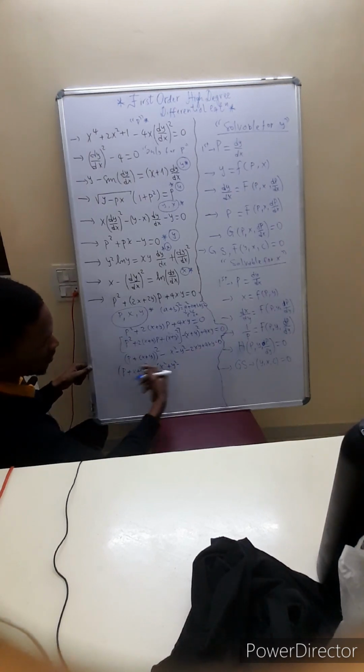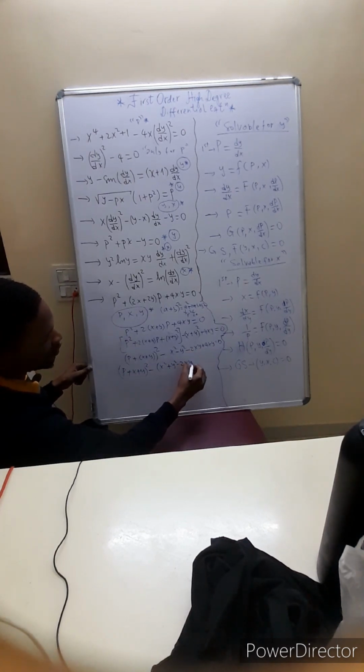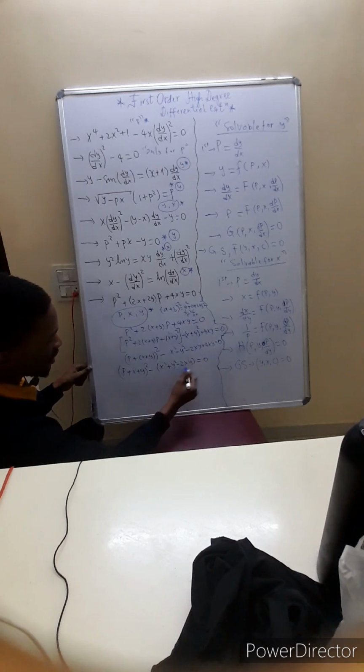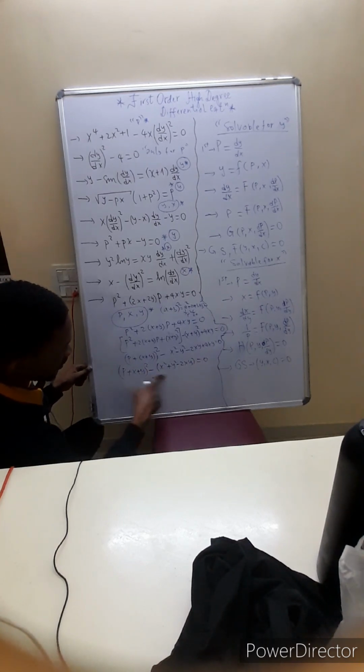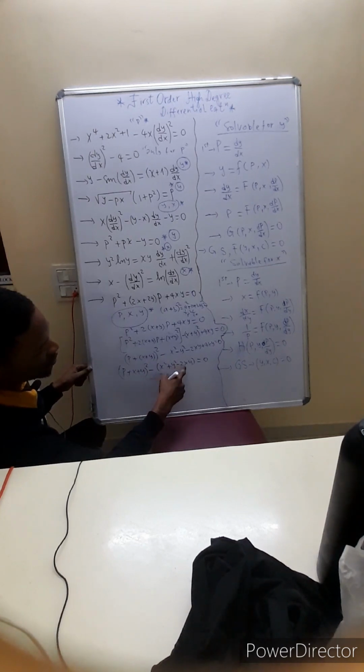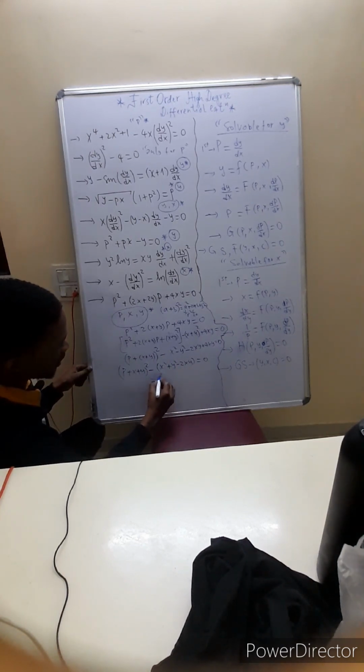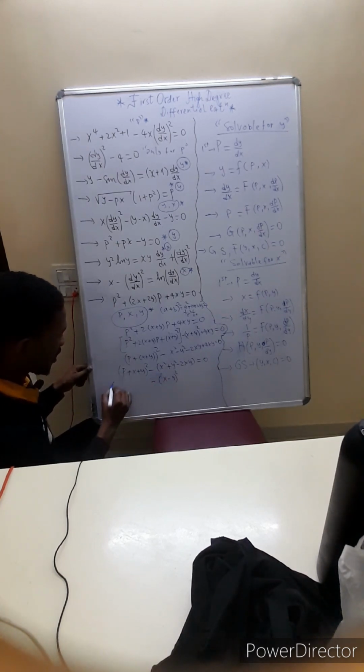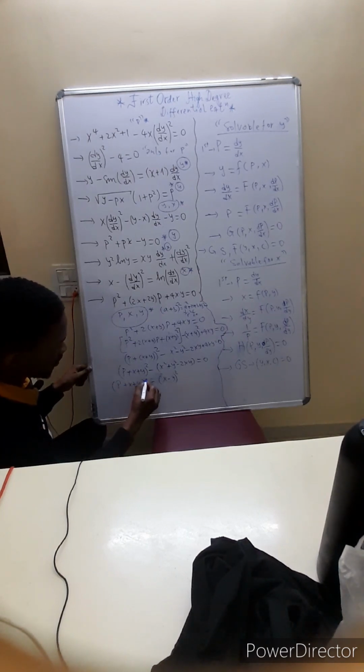So when I take common minus, it will be minus 2xy equal to 0. And when I have a squared plus b squared minus 2ab, this is the same as x minus y squared. And here I will get p plus x plus y squared.